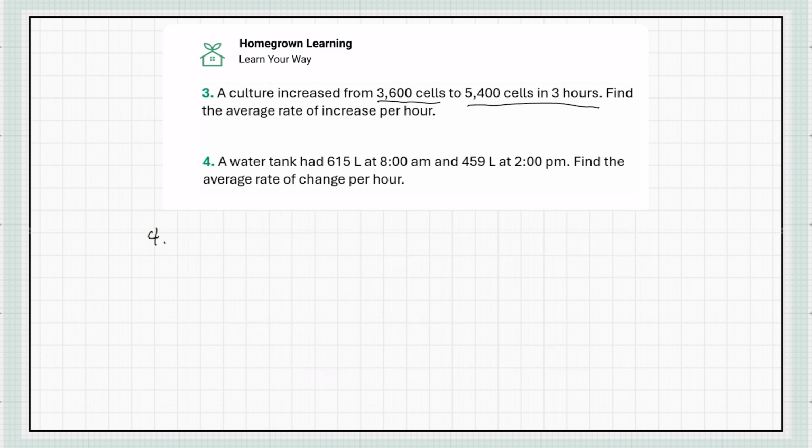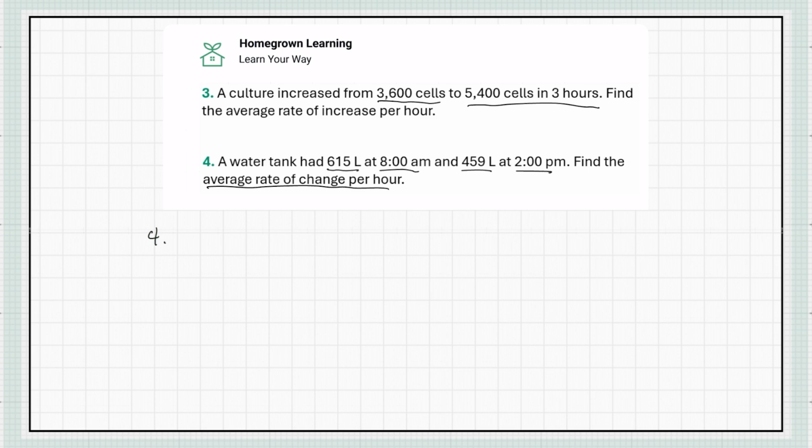A water tank had 615 liters at 8 AM and 459 liters at 2 PM, and we're going to find the average rate of change for every single hour. So let's get started.